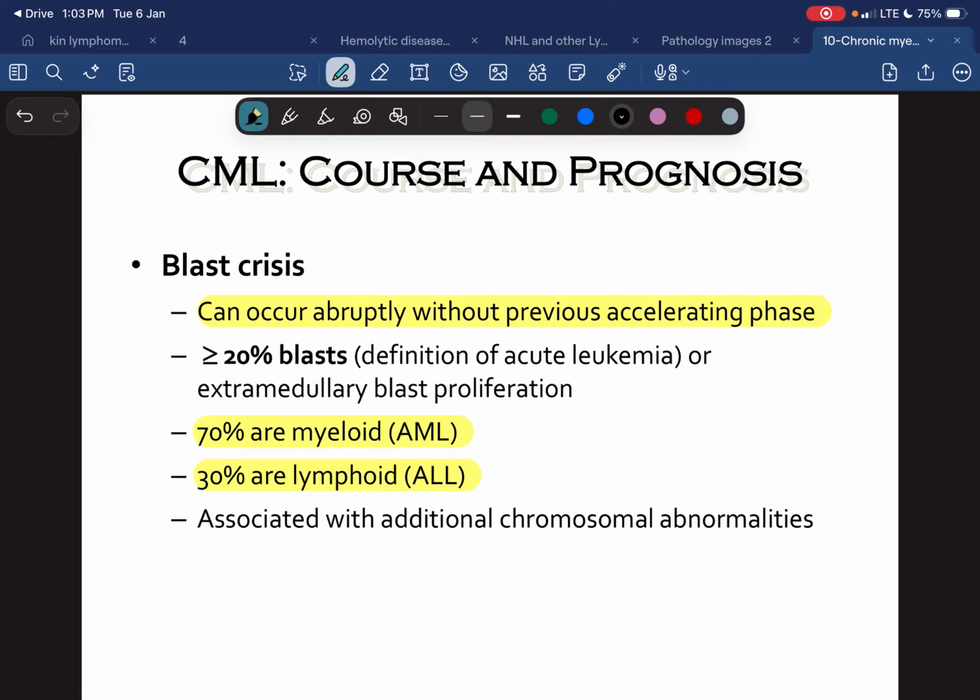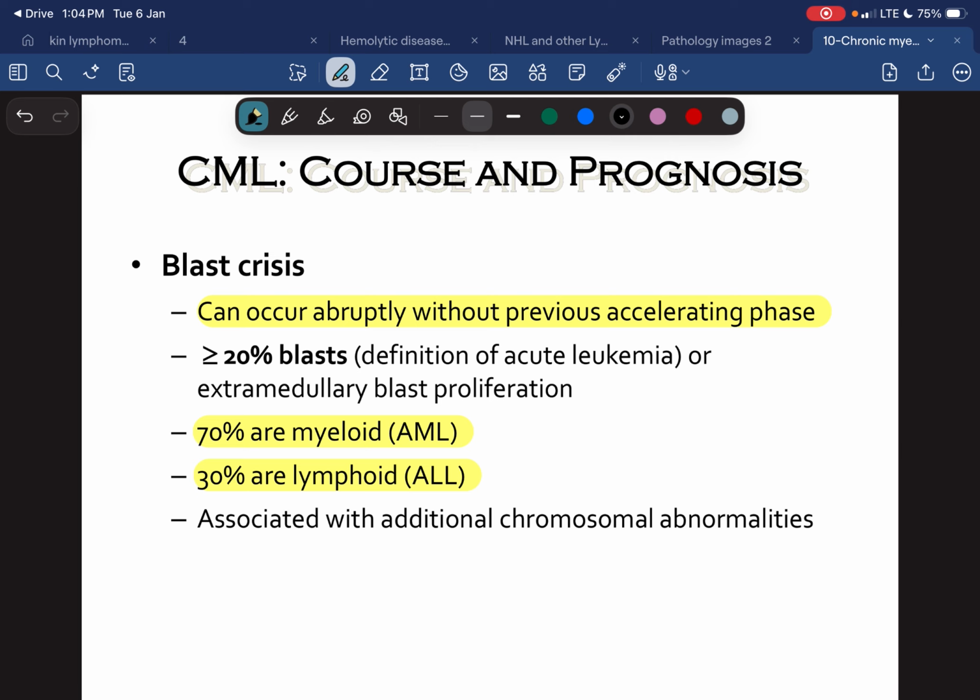So it was CML and it transformed to AML, understood, okay? But when it transforms to ALL, it means we have very primitive cells responsible for the transformation, the pluripotent stem cells, which can give either granulocytic progenitor or lymphoid progenitor.